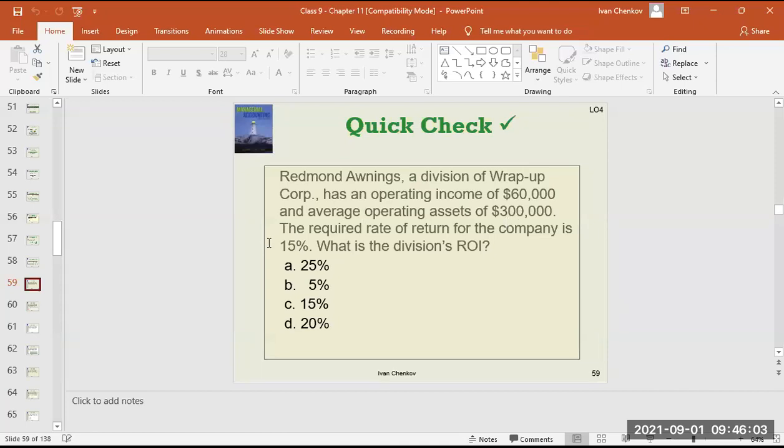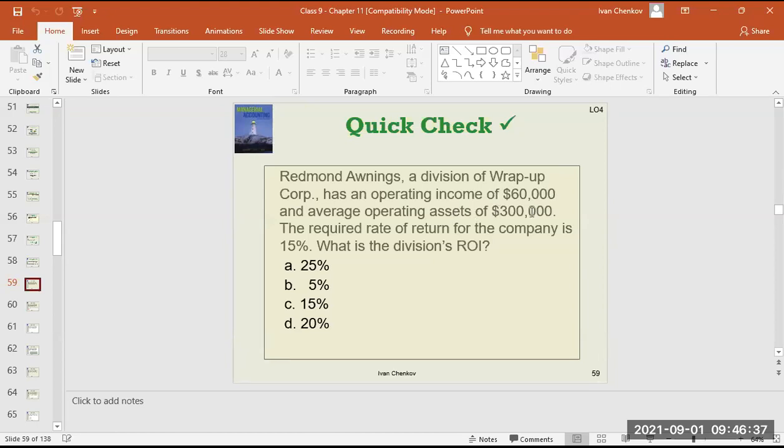If this division wants 15%, and currently the division makes 60,000, what's the division's return on investment? So they're making $60,000.